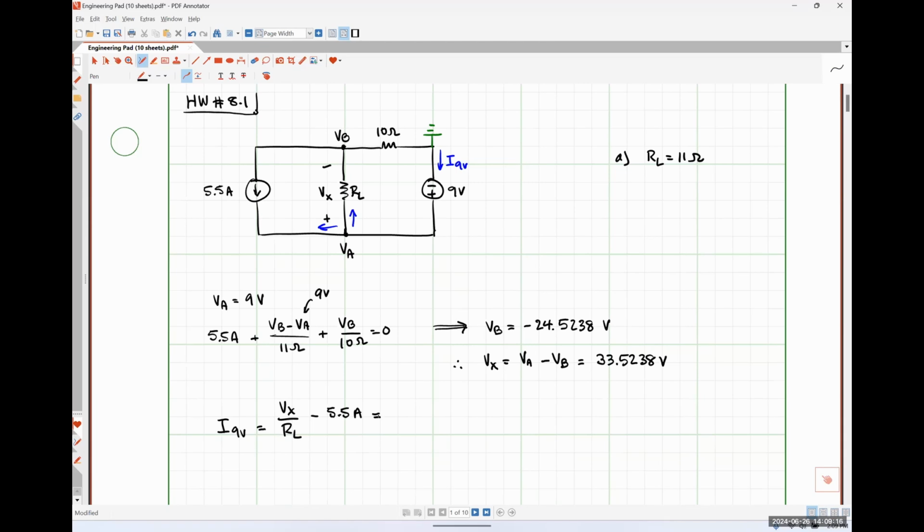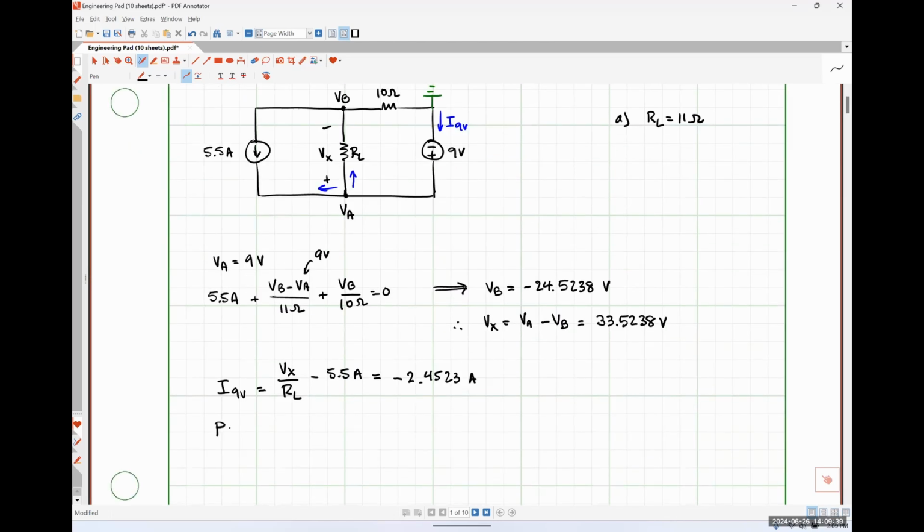So I have that in my calculator already, so that's just going to be the answer that I had divided by 11 ohms minus 5.5 gives me a current of negative 2.4523 amps. Multiply that by 9 volts.